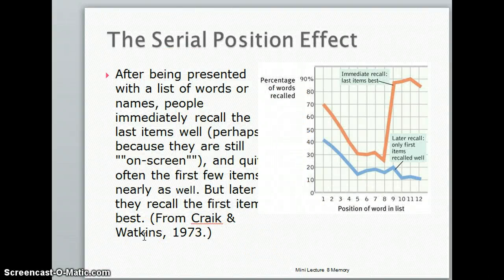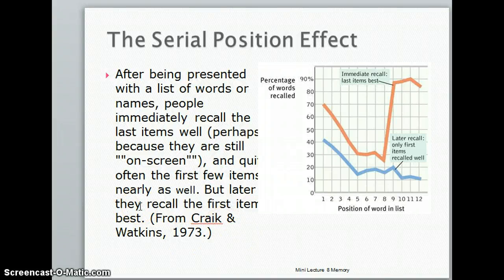Another concept you'll run across as you read through the material in our modules is the serial position effect. This effect has to do with verbal information, lists of words, names, things of that nature, grocery lists, for example, items on your grocery list.